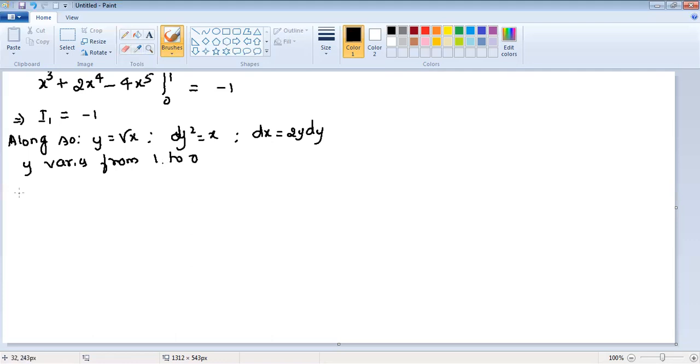Now I2 can be written as the integral with y varying from 1 to 0 of 3x square minus 8x raised to 4.